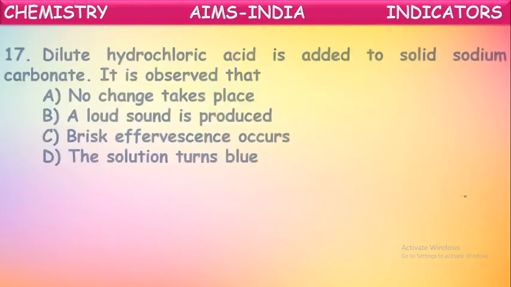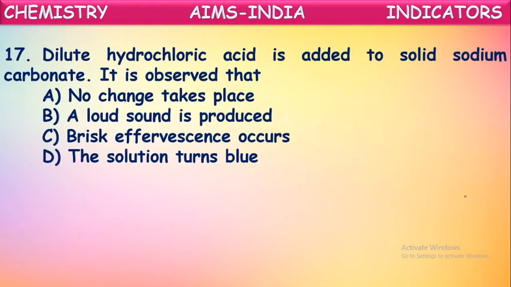Okay, next one. Dilute hydrochloric acid is added to solid sodium carbonate. It is observed that... What are the two solutions mixed? Hydrochloric acid and sodium carbonate. We know when hydrochloric acid reacts with sodium carbonate, they form sodium chloride salt, water, and along with these two, carbon dioxide gas is also evolved.